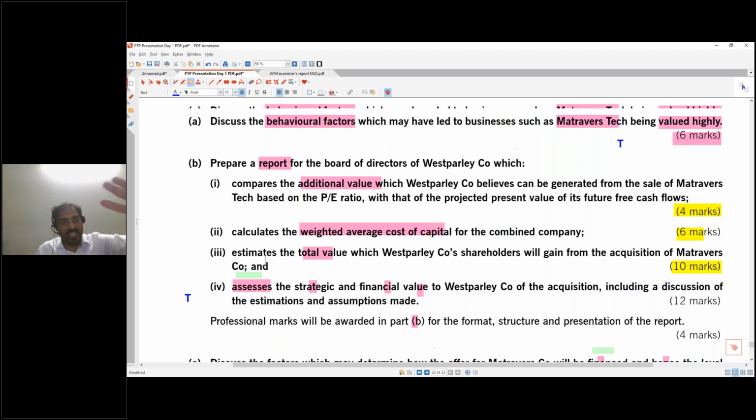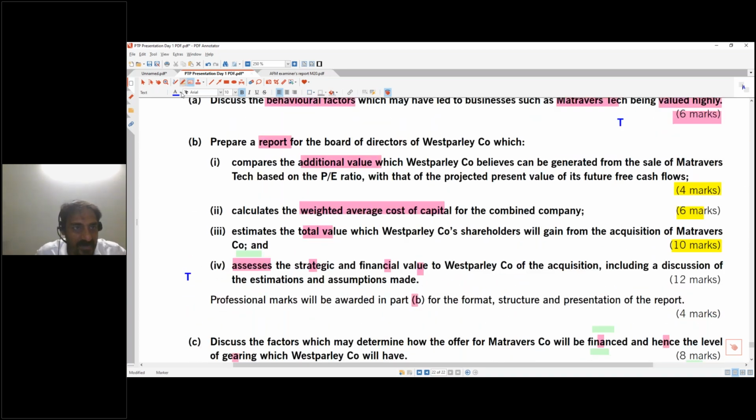So once you read the question, once again, you have to thoroughly read the requirement. Prepare a report to the board of directors of West Parley company, which compares the additional value West Parley company believes can be generated from the sale of Matt Travers Tech, based on the PE ratio, with that of the project presented for its foreseeable future. That is 4 marks.